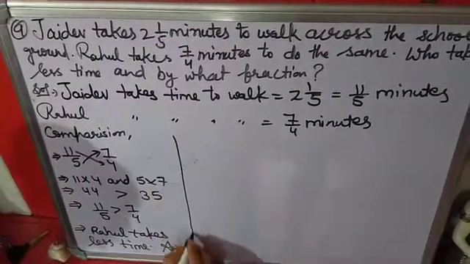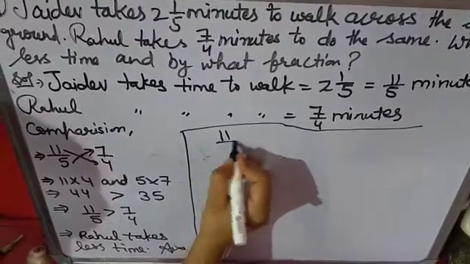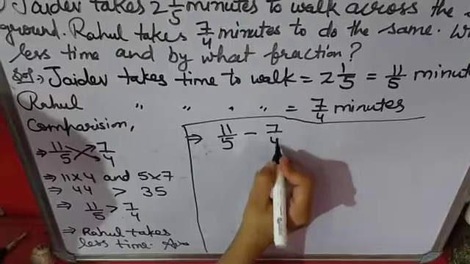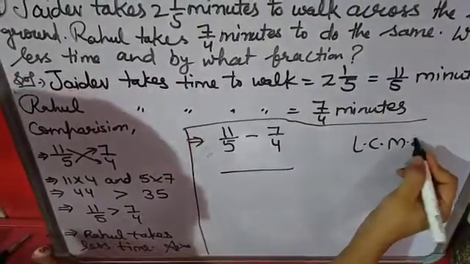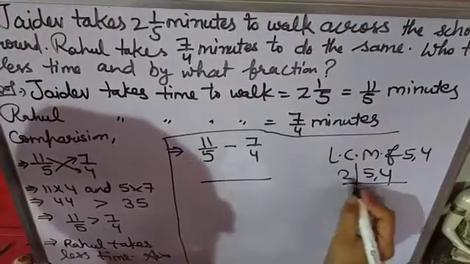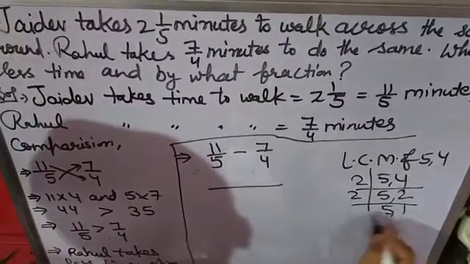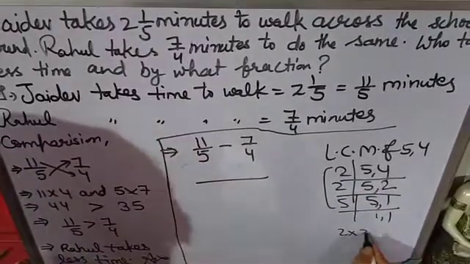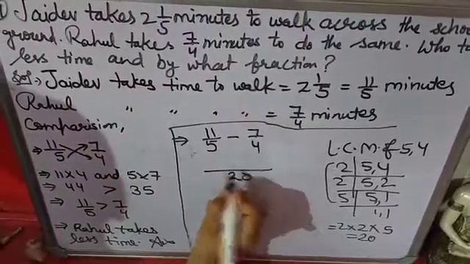Now he is asking by what fraction. For this you have to subtract these two fractions. 11 upon 5, the big fraction will come first, 7 upon 4. Take LCM of 5 and 4. Again 2, 2, then 5. Multiply this. 2 into 2 into 5, it will be 20. So LCM is 20.